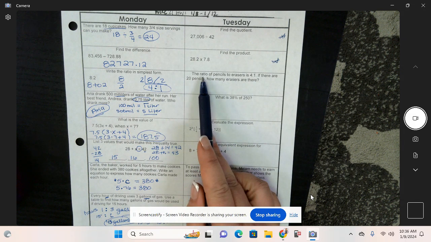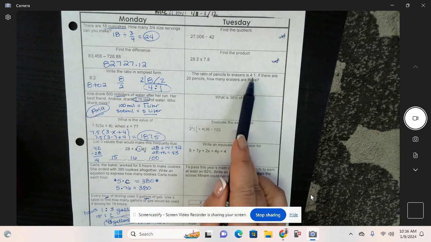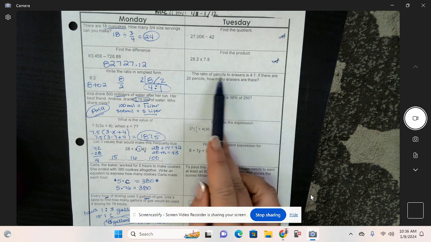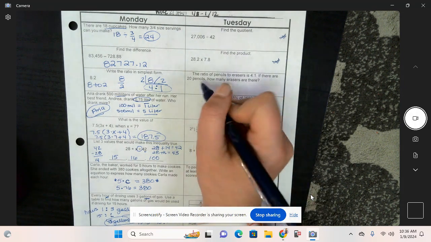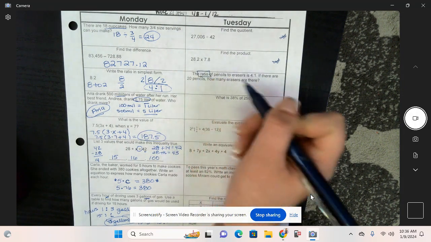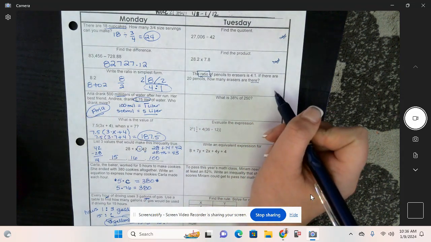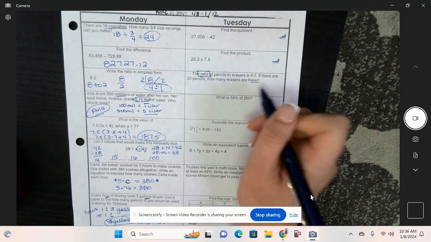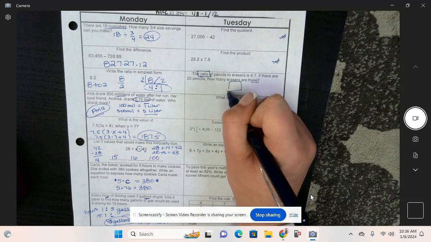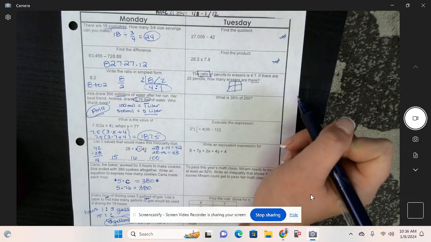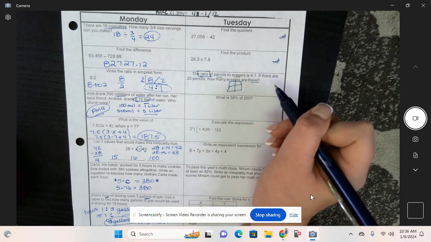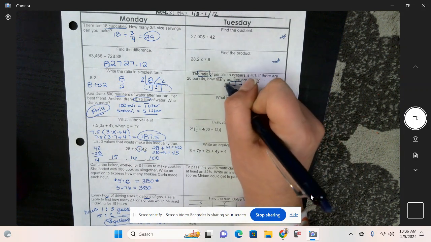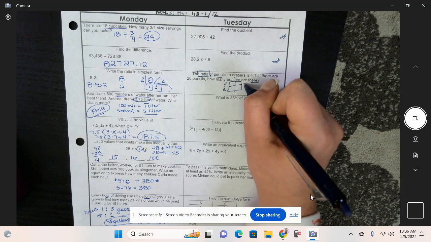It says the ratio of pencils to erasers is 4 to 1. If there are 20 pencils, how many erasers are there? Well, my keyword here is ratio, and I'm trying to solve a problem with ratios. So anytime I see ratios and I'm trying to solve a problem, I'm going to create a ratio box. The two things I'm comparing here are pencils and erasers, so my labels are going to be pencils and erasers.